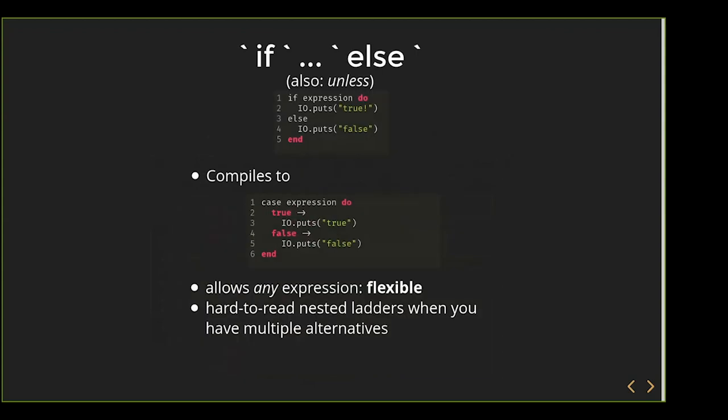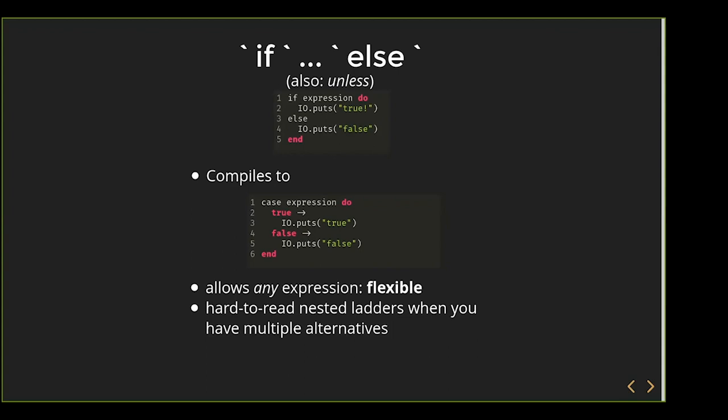Now, if you have some code and you're not able to structure it as a pattern match with a guard clause, then there are two other tools that you can use. The first one of these are the if-else statements. Also, you have the unless statements that you can use. And here you can put any expression that you want, and it will work. So you're not limited to only using patterns with guards.